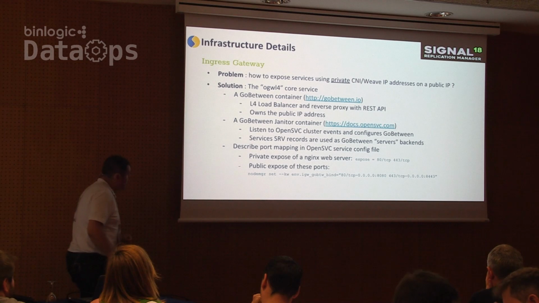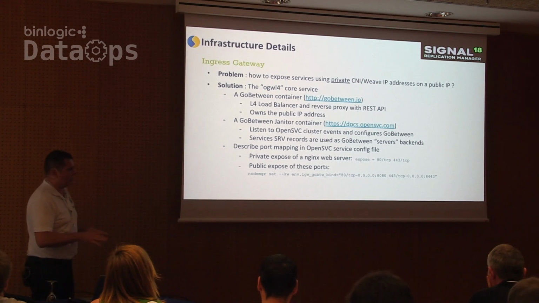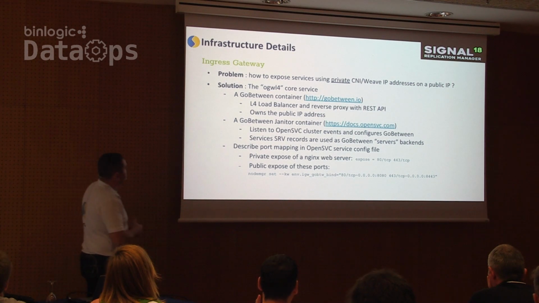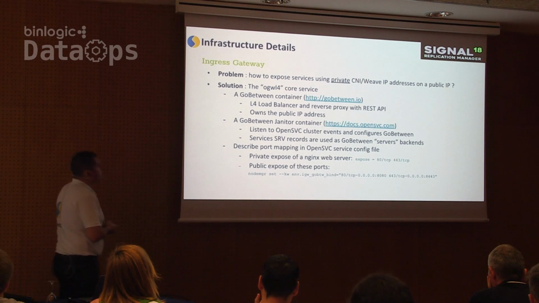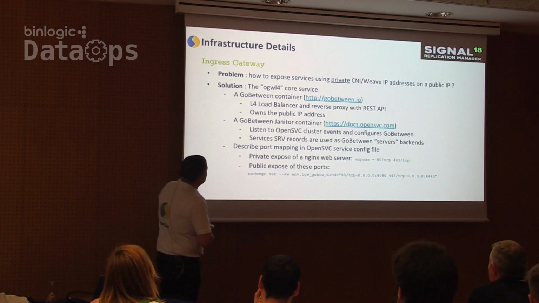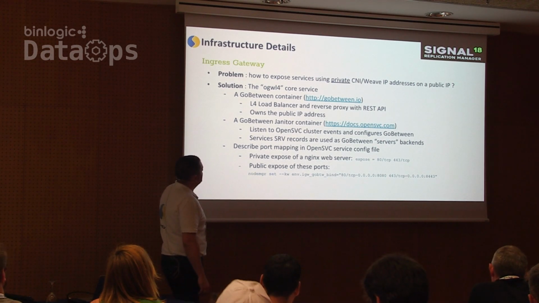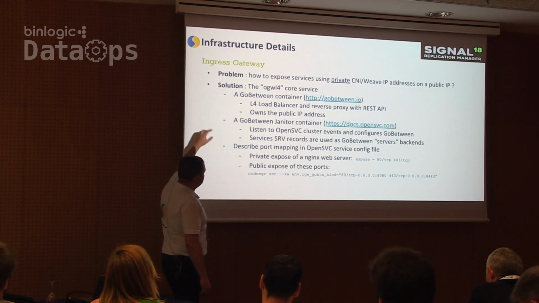The second problem, which is common to every container orchestrator of today, like Kubernetes or whatever, is how to expose services with a private IP to the external. So we use a product called GoBetween, a layer 4 load balancer. As I said, you have the public address.